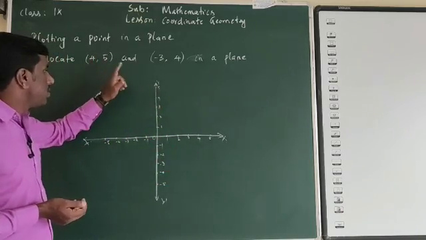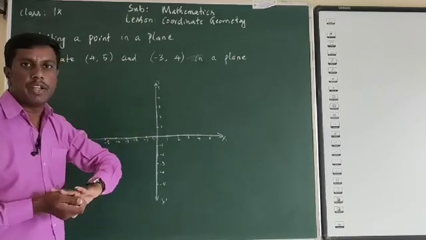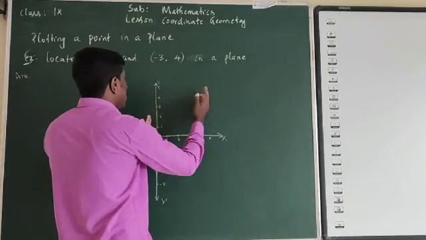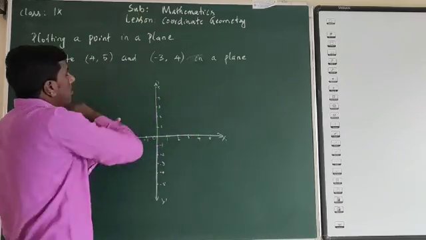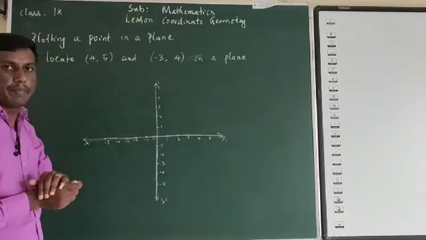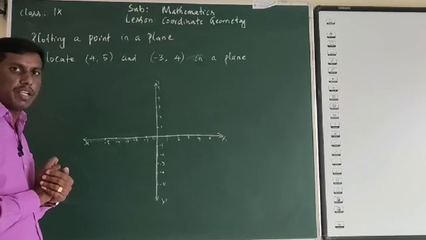Since both are positive, it has to be in the first quadrant. So x will be positive, y will also be positive. This point has to be somewhere here in the first quadrant. That idea we will be getting.